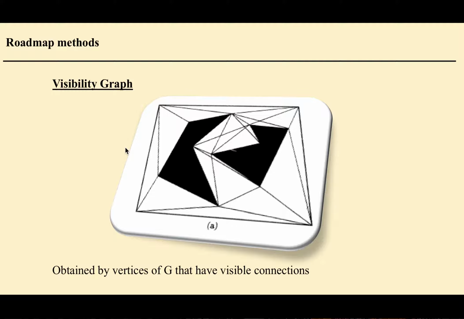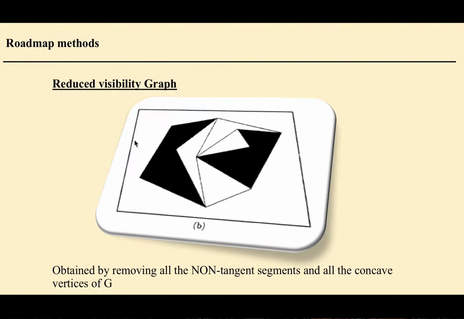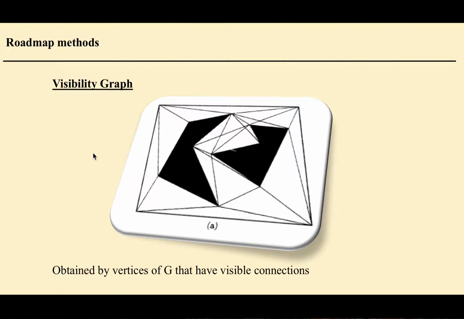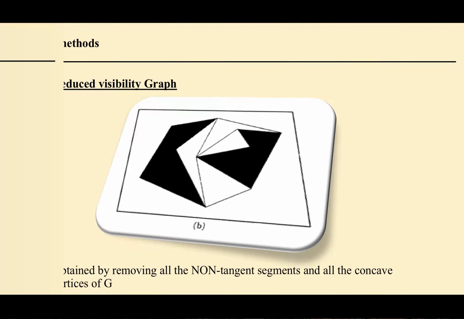Once we do this, we are going to reduce that visibility graph. Reducing the visibility graph means removing all the non-tangent segments and all the concave vertices of G. So the initial state was like this, and after removing the non-tangent segments and the concave vertices of G, we get to this graph right here.